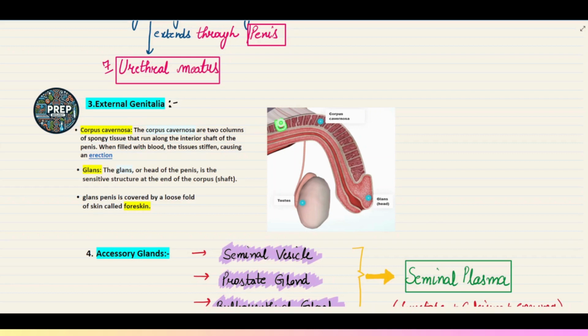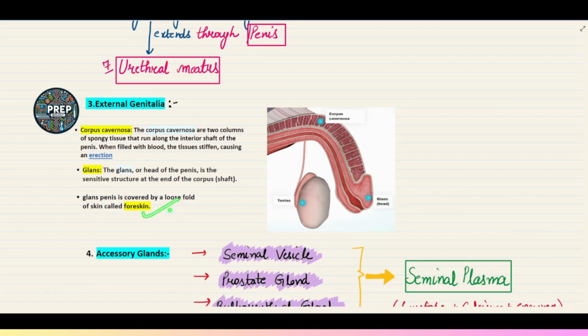You can see these small columns present inside the penis, which help in the erection. Next is the head of the penis, the glans, a sensitive structure present at the end of the corpus.